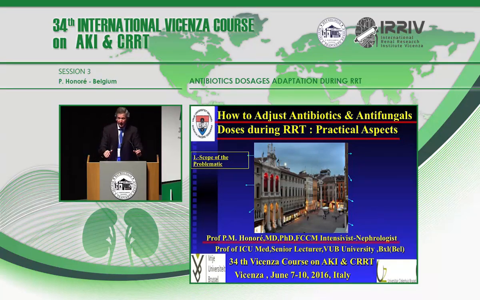And unfortunately, we have very little good data on PK/PD in CRT. So is this enough to say, well, we cannot do anything to adapt antibiotics? Probably not. We should try, with the data we have so far, to apply some rules.